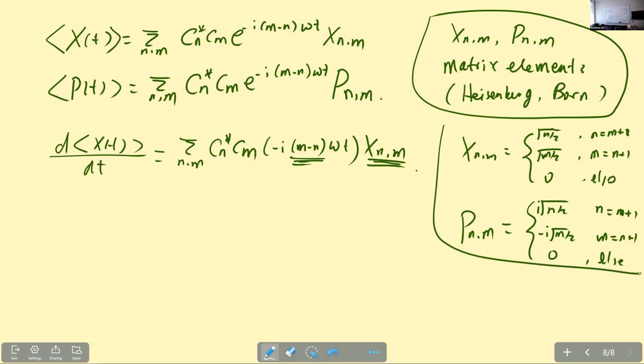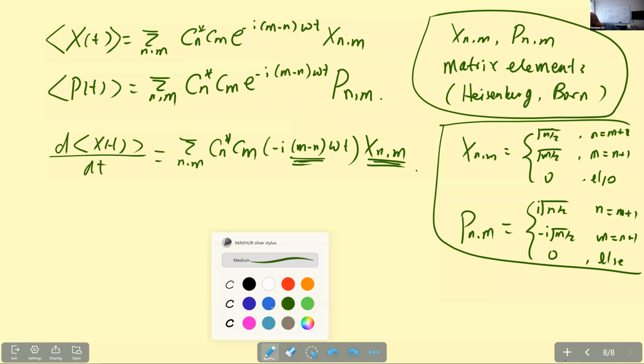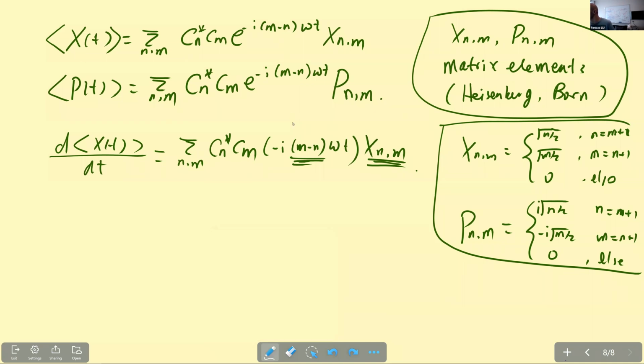So we have this. If n equals m plus or minus 1, you can say if n is greater than m, so n equals m plus 1, this will be just minus i. And that gives us this minus i right here. Or if n is m minus 1, this will give us minus 1 times minus i, that will give us i.